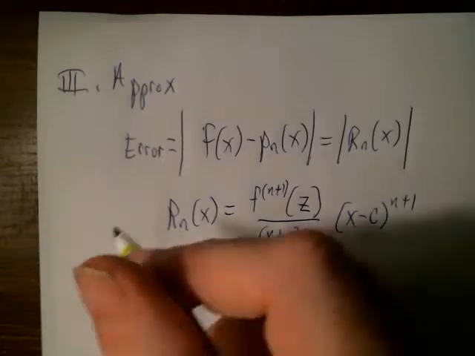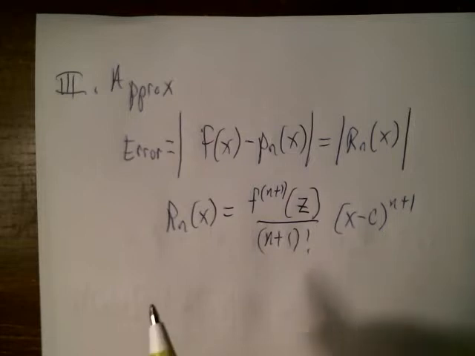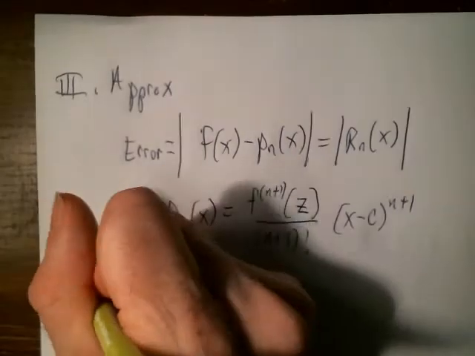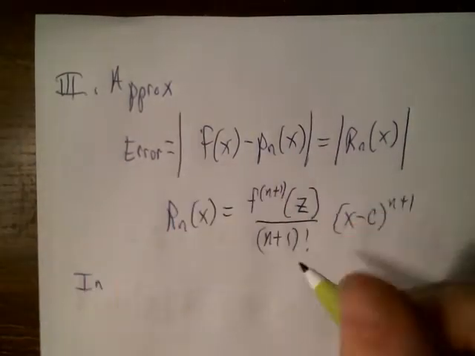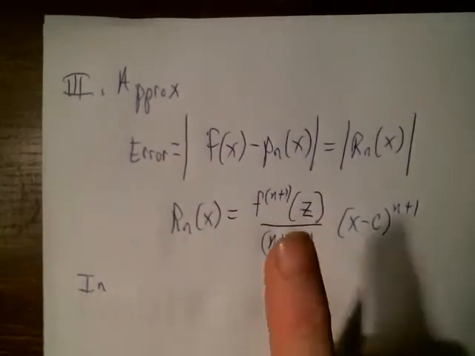In general, when we're trying to find a bound for the error, we can work with this formula without having to actually find this z value.